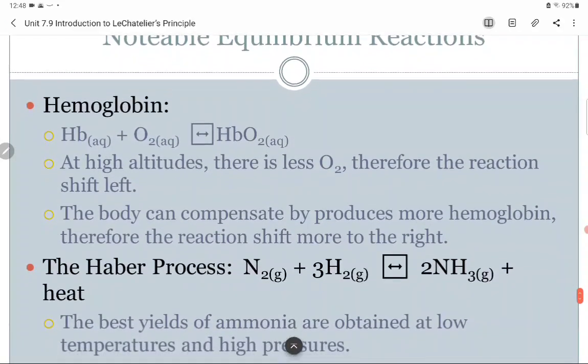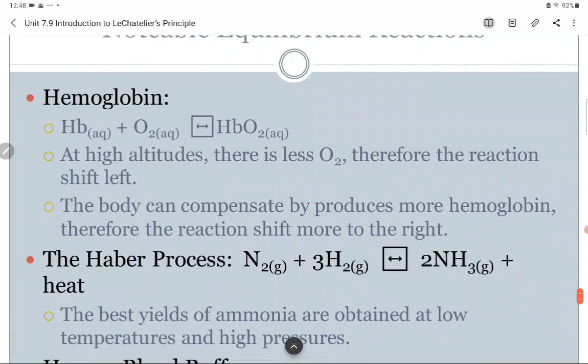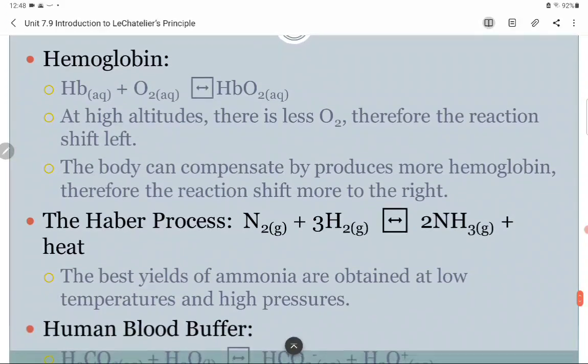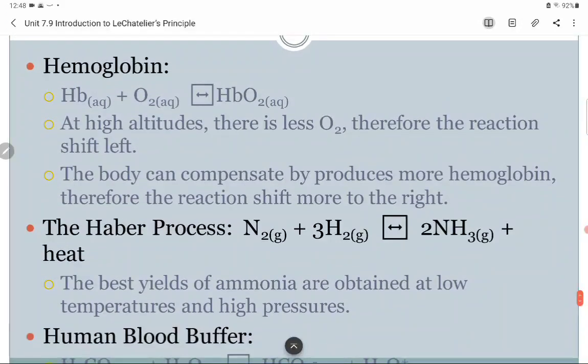Here are a couple equilibrium reactions that I think are kind of important. Hemoglobin. Hemoglobin is not an equilibrium by itself, but you might be able to notice this. I've never climbed Mount Everest. I don't plan on doing that, but you have to acclimate yourself over a period of time, and this is to kind of manipulate this equilibrium here.